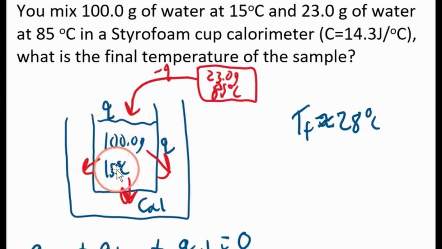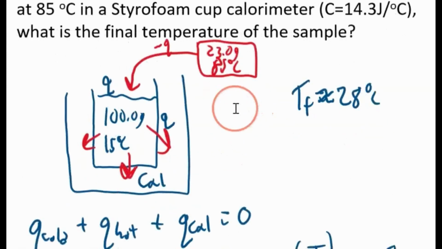Because we have a whole 100 grams of water at 15 degrees Celsius and only 23 grams at 85 degrees Celsius, we expect the final temperature to be closer to the 15 degrees than to the hotter one. Plus, the calorimeter is drawing energy away as heat. We have heat transfer into the calorimeter, which is going to decrease the final temperature as well, because the calorimeter is going to absorb some of this energy as heat, which reduces the overall temperature as well. So that does make sense.